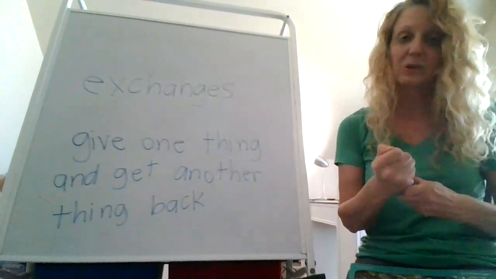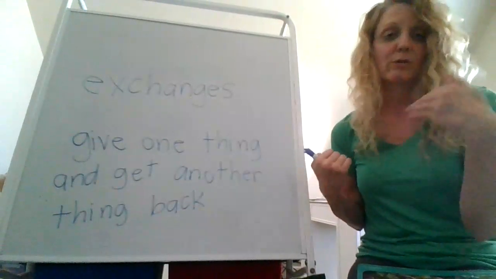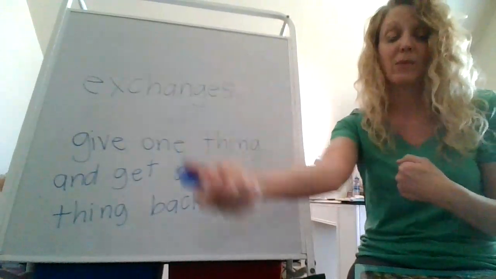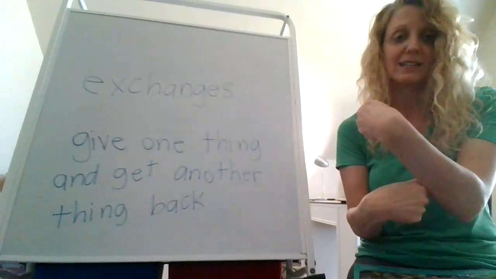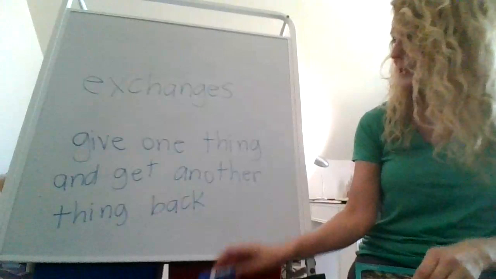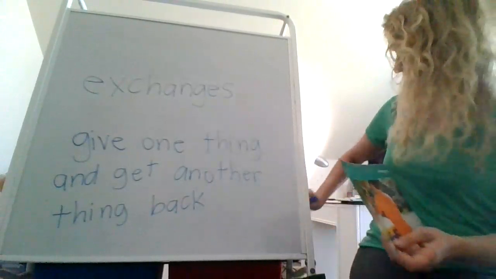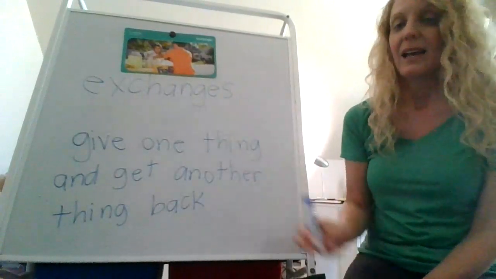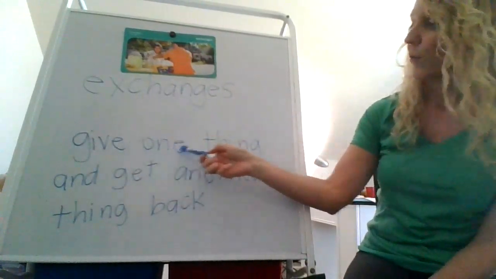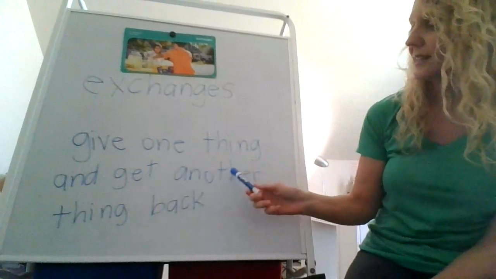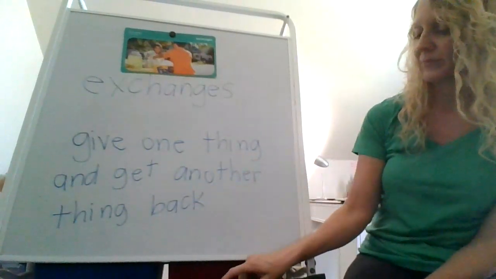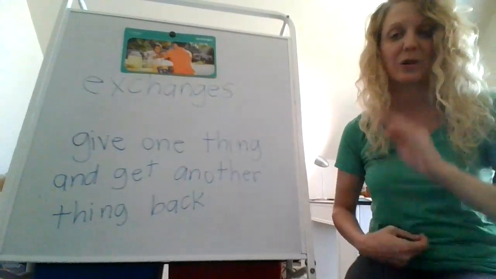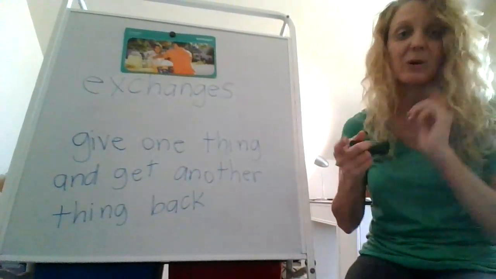So maybe at school you have a red pencil, your friend has a blue pencil, and you all want to trade. So you give them one thing and they give you something different. So exchanges. Let me put this up for you to see the picture. Exchanges means give one thing and get another thing back. Okay. Remember, in the video, you can rewind and listen again, or you can pause if you need to see the words longer, okay?